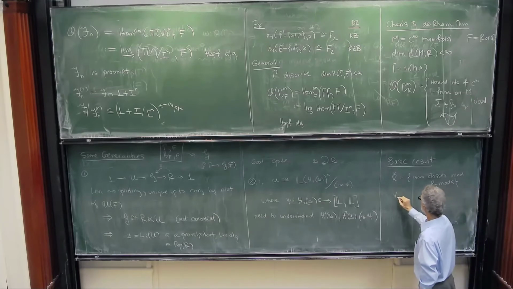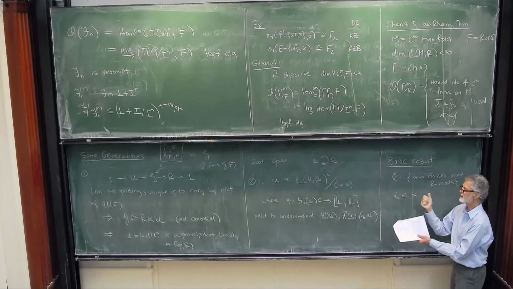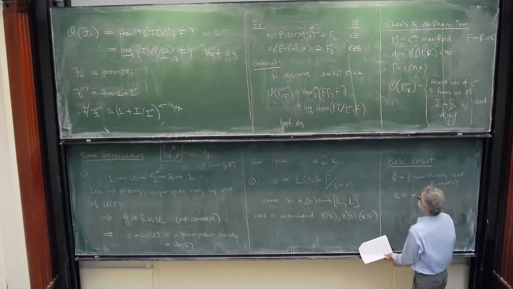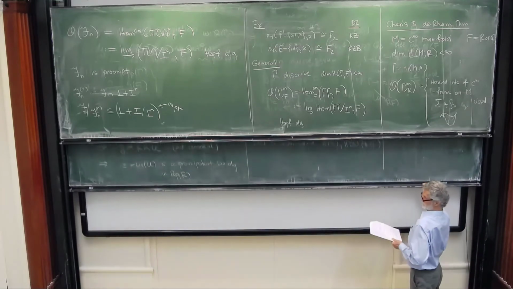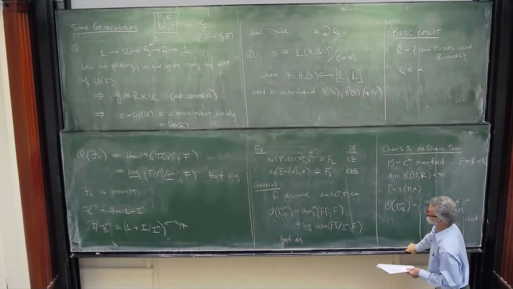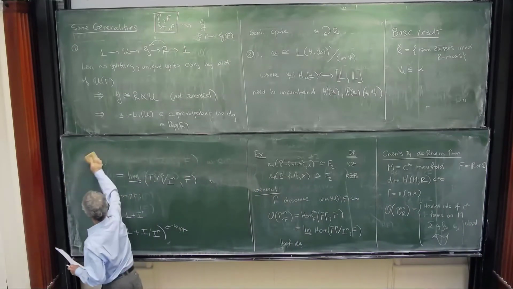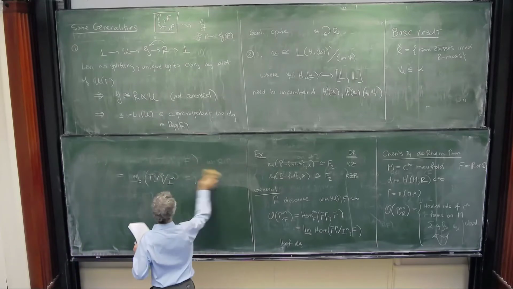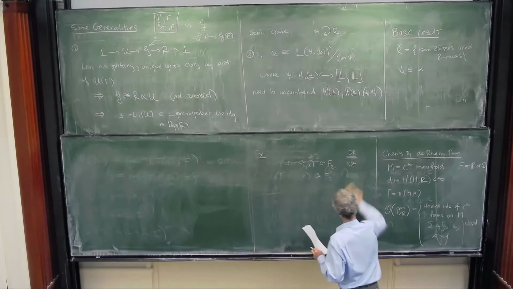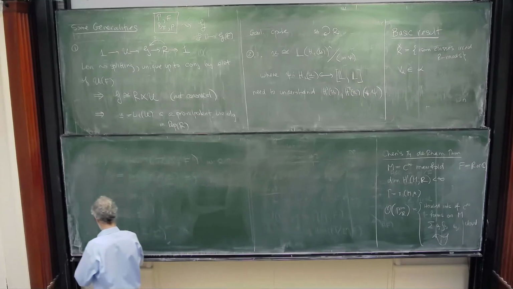And I'll write V alpha for alpha in R check, so it's just choosing one representation from each isomorphism class. And then the result is this.